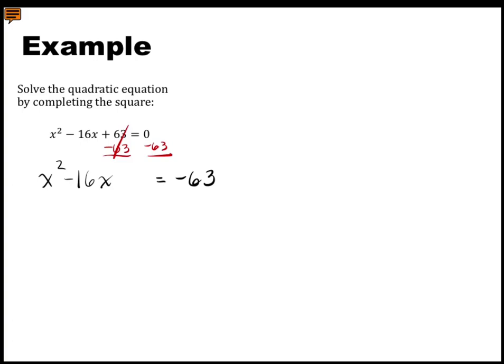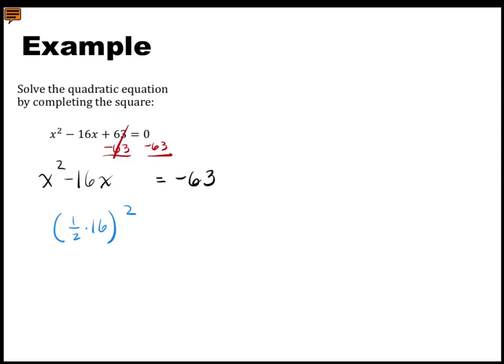We leave a small gap here to remind us that we're going to be adding something to complete the square on the left-hand side. We know that the number we add has to be the square of half of 16. If we want to write it down, we take half of 16 and we square it.